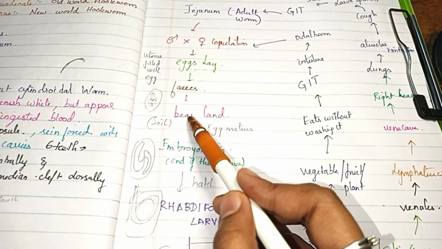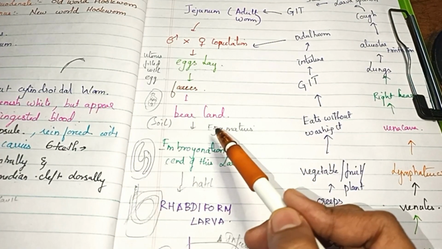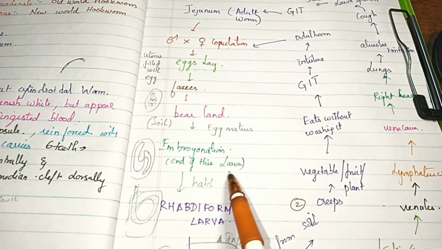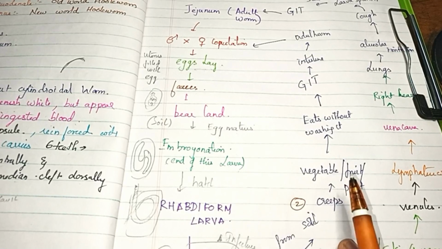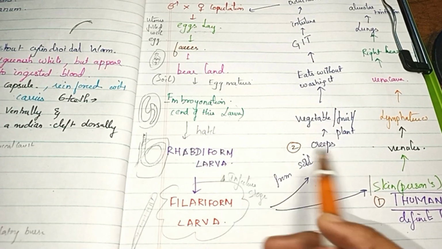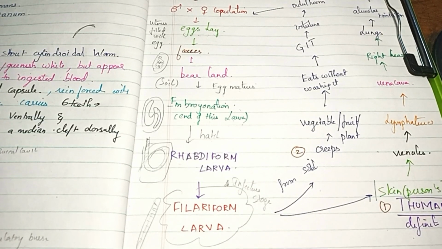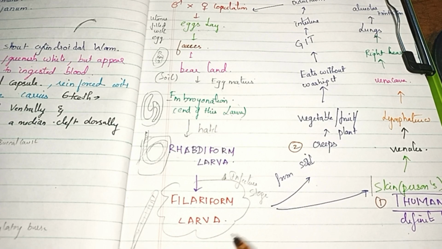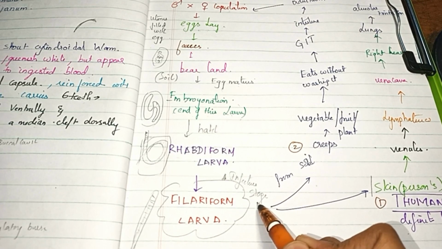When the feces goes out onto bare soil, the egg matures and embryonation happens, and at the end a larva comes out. Hatching of the egg gives the rhabditiform larva, and then you'll have the filariform larva. The filariform larva is the infective stage.